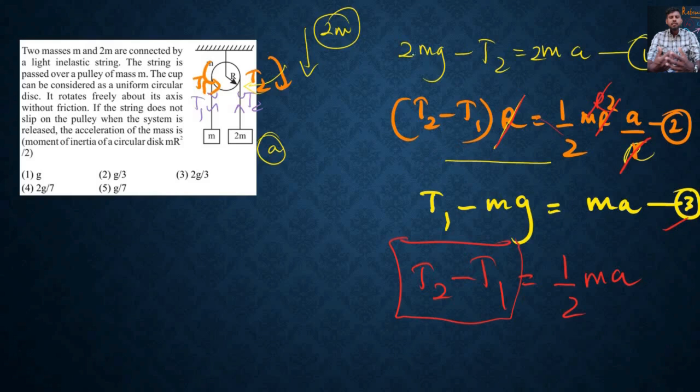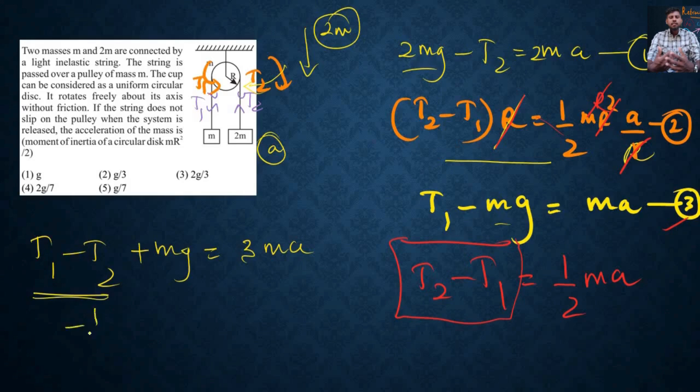When I add them, the T's combine: T1 minus T2 plus mg remains, equals 3ma. I found T2 minus T1 equals half ma, but here we have T1 minus T2, so it should be minus half ma. So minus half ma plus mg equals 3ma.